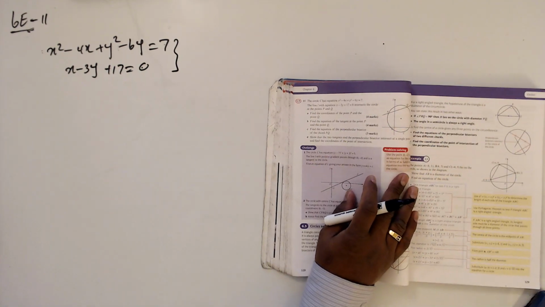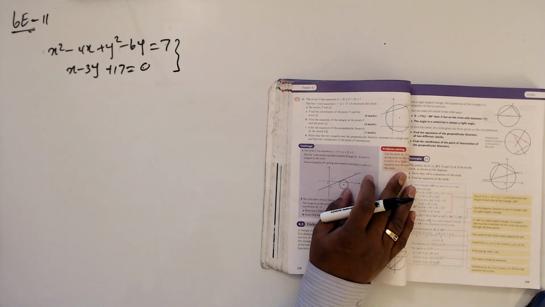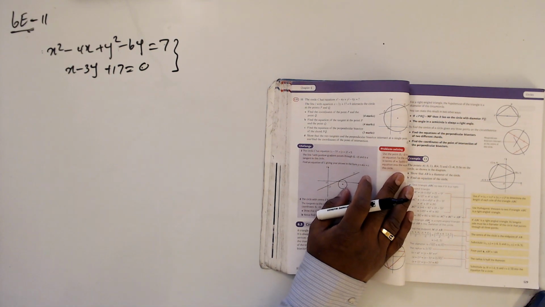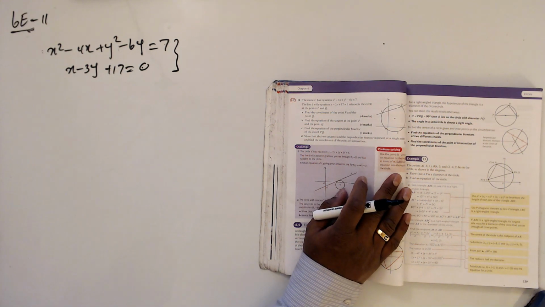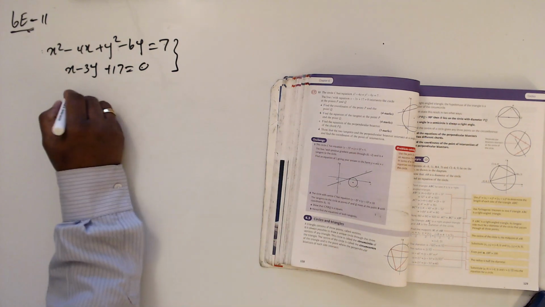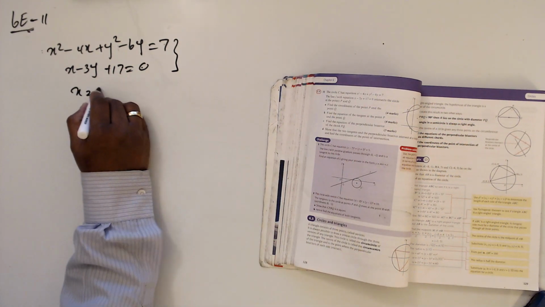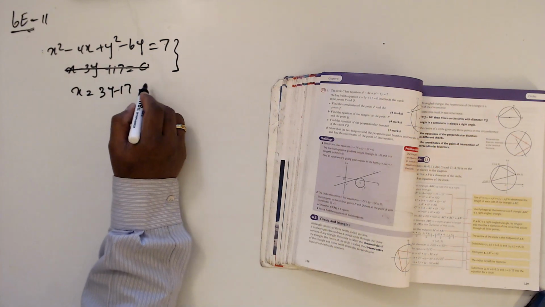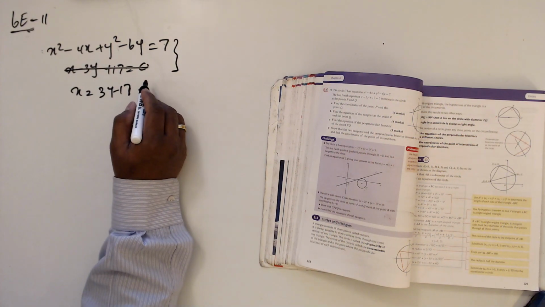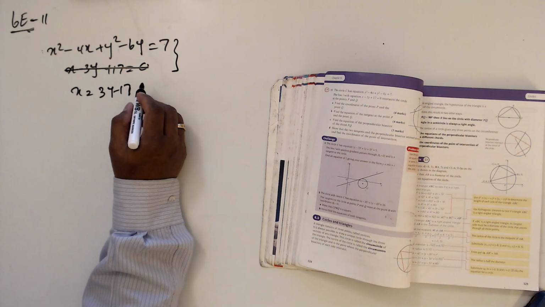Find the coordinates of the point P and the point Q. So we have to solve to find coordinates P and Q. I will take x equals 3y minus 17, instead of this one, I solve with this one to get the P and Q coordinates.